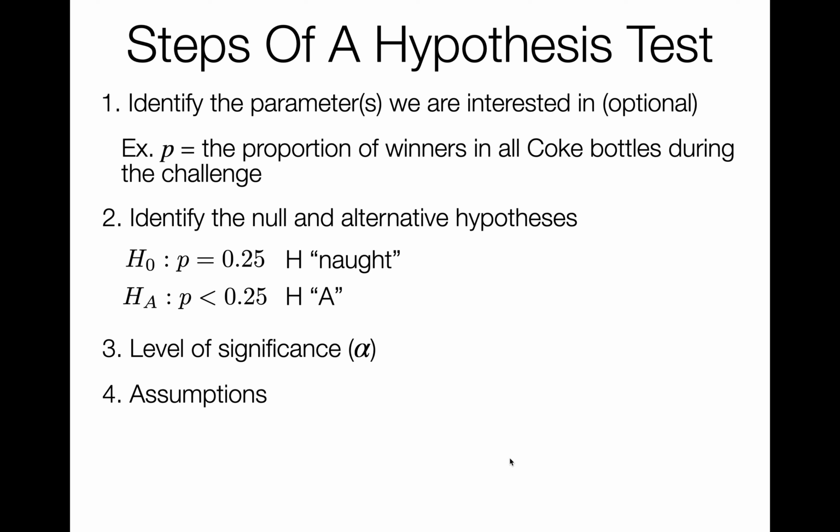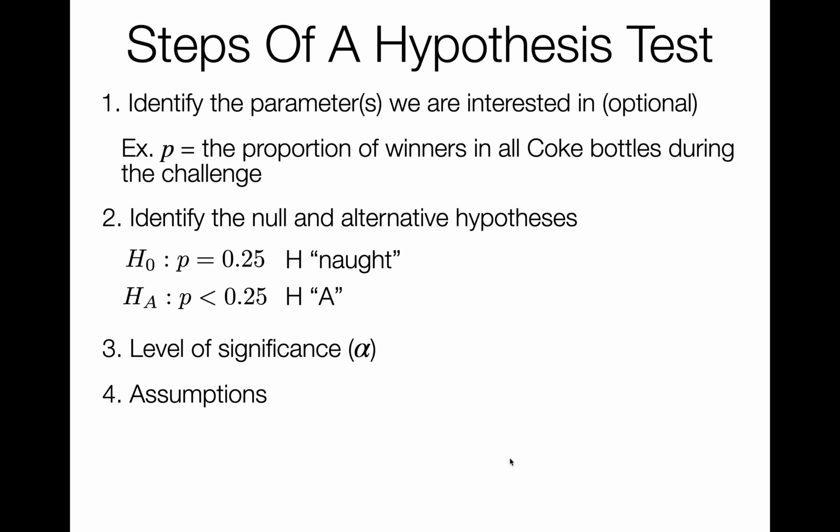The fourth step of a hypothesis test is assumptions. We haven't really talked about making decisions or really how to do a hypothesis test yet. We're beginning to right now. When we do, we're going to use the sampling distribution of the statistic that we collect.